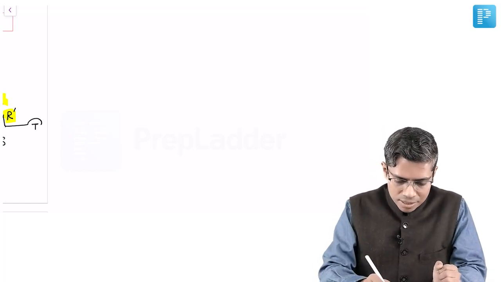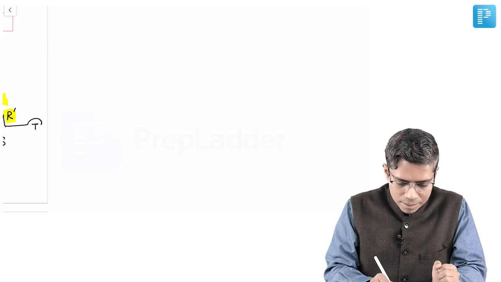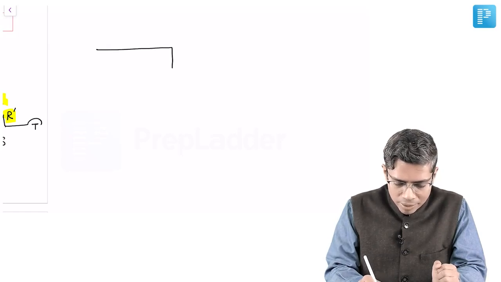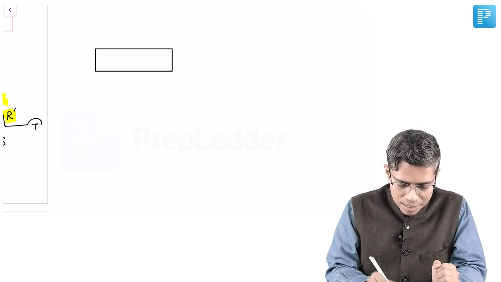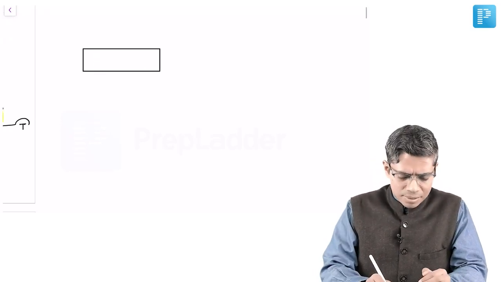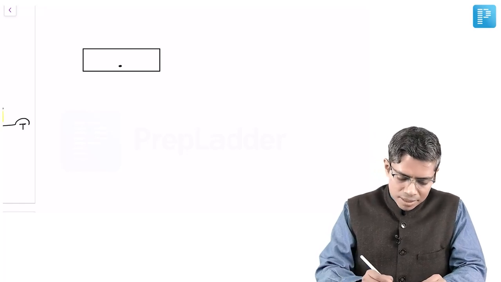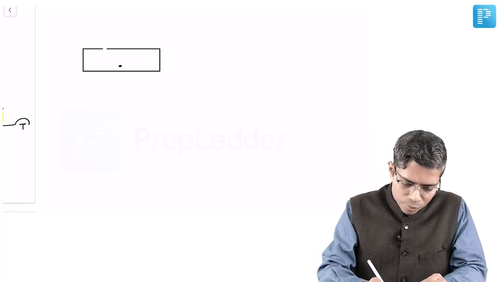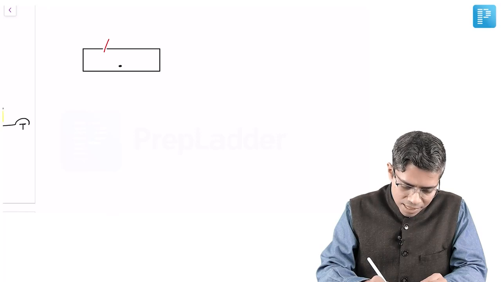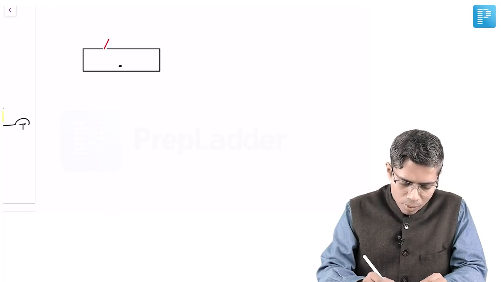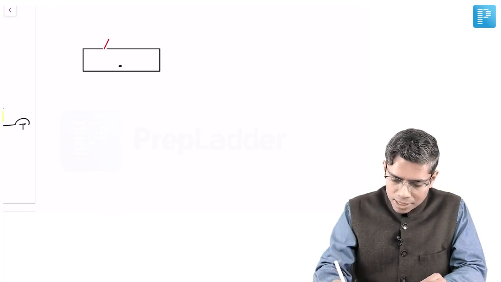So to understand this topic, suppose I have taken a single myocardium cell. So this is the single myocardium cell. Maybe this is a ventricular muscle cell. Now in this myocardium cell, if I put one electrode inside the cell and one electrode outside the cell, right?